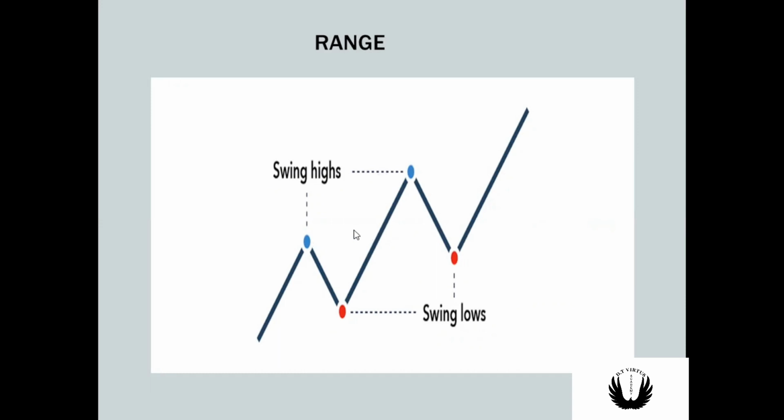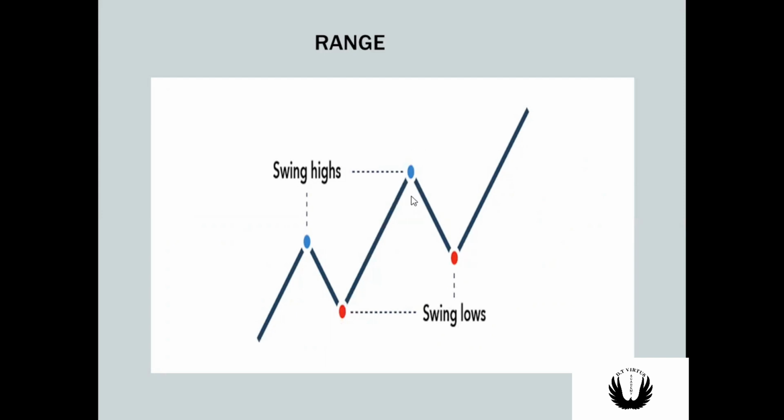Now, if you are in a bullish trend, for example, and we have a low, higher high, higher low, higher high. The move between this swing low and swing high shows us the range. This is known as a range.